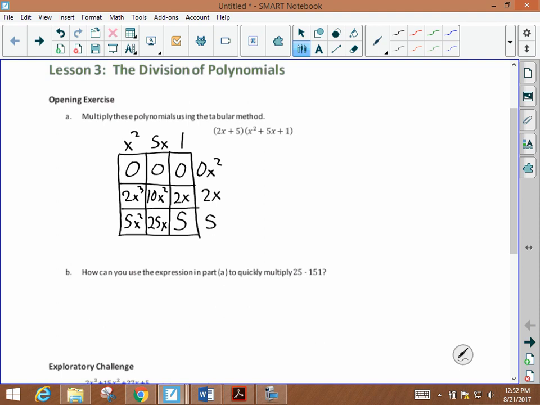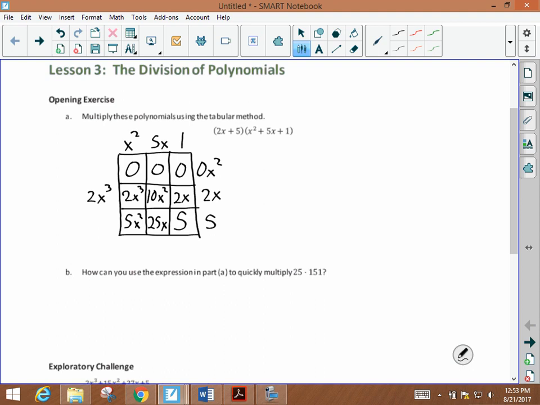Remember, we're going to add diagonally. The 0 that's in the top left-hand corner doesn't have anything to add, so it comes out. It's just 0, but it doesn't make a difference for the problem. I'm not going to put anything there because we're not going to include it in our final answer. So let's look at the next diagonal. That 2x cubed plus 0 is, of course, 2x cubed.